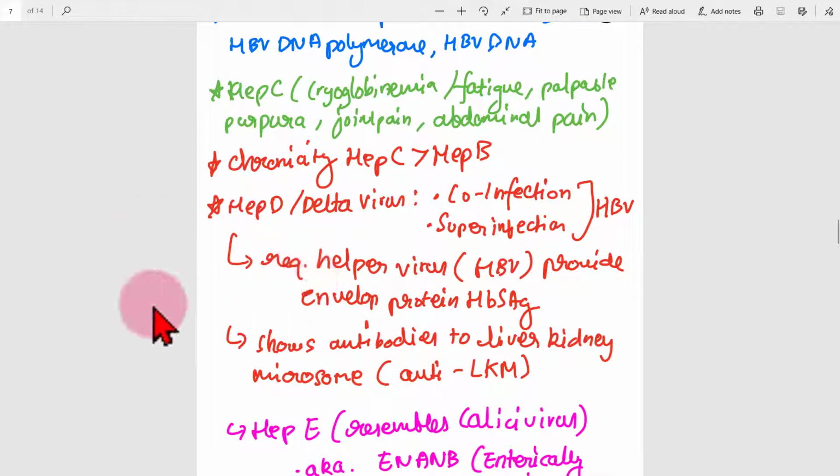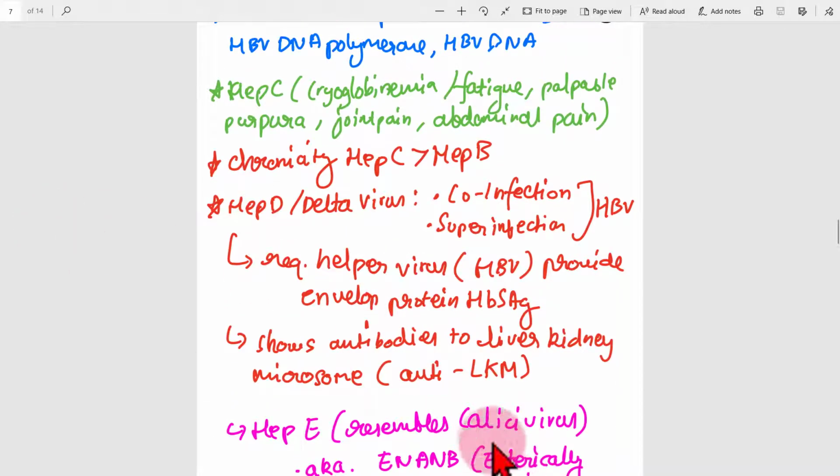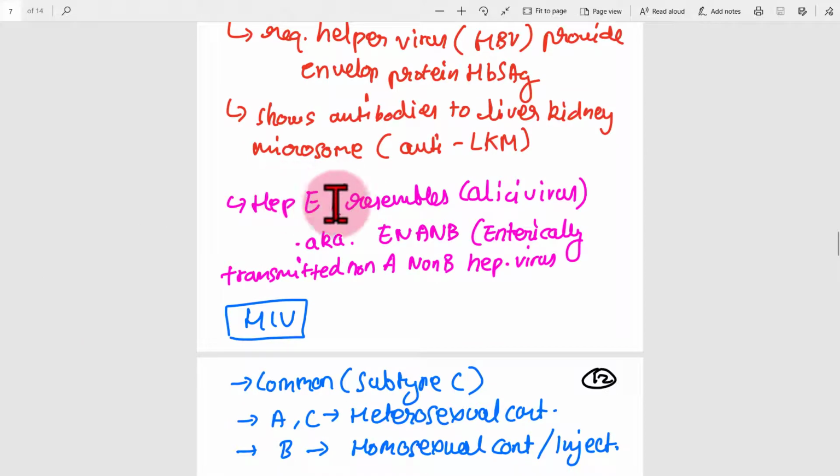Hep D requires a helper virus, that is HBV, to provide the envelope protein HBsAg, and it also shows antibodies to liver, kidney, and microsome, known as anti-LKM. Moving ahead, Hep E resembles calicivirus and is also known as ENANB, that is, enterically transmitted non-A non-B hepatitis virus.